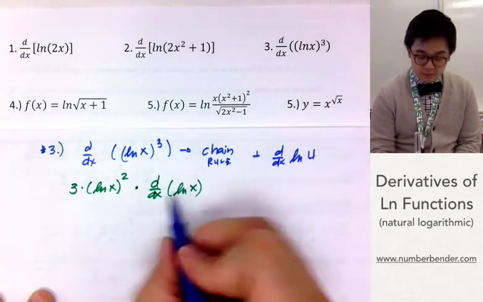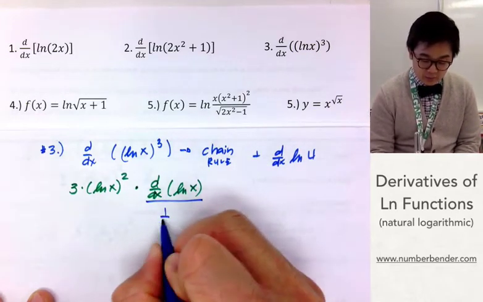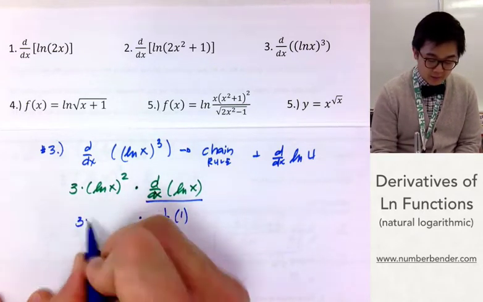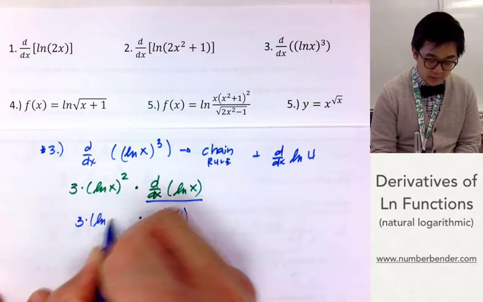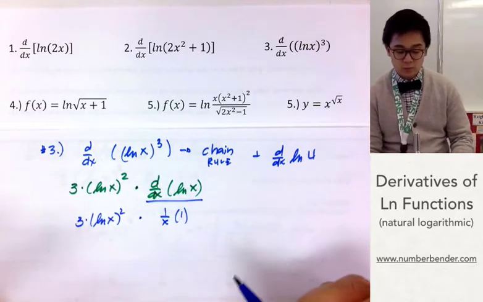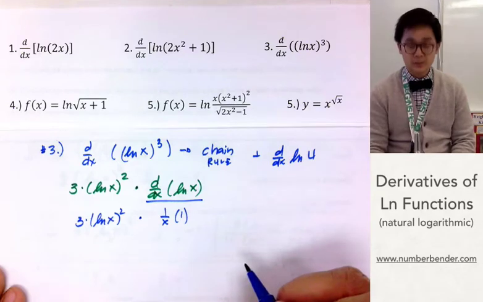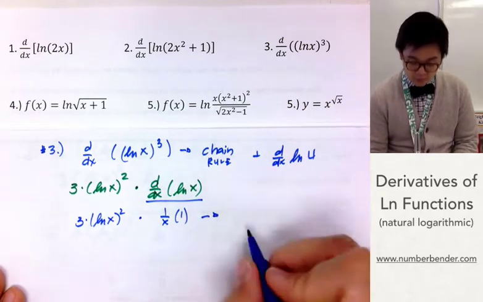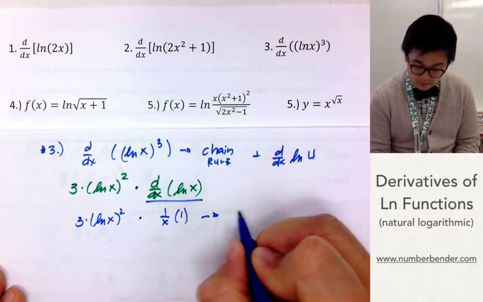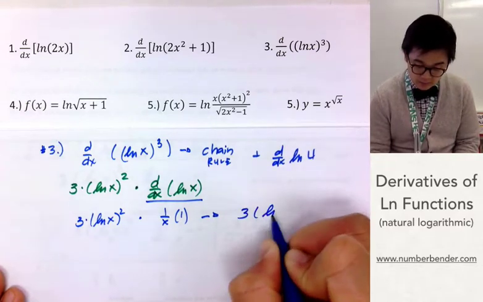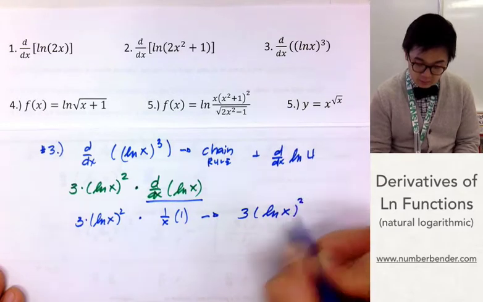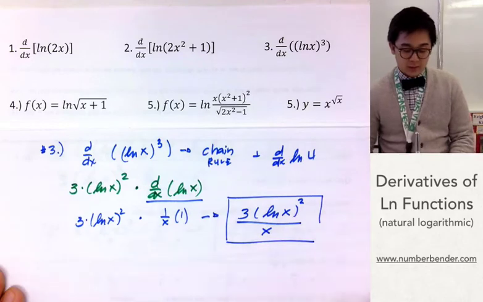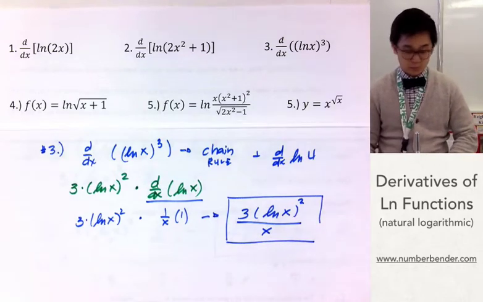So we know that the derivative of ln x is 1 over x times du dx, which is 1. We just have to multiply it by 3 ln x squared, and we're finished. We now have the derivative of the function for problem number 3, and if we simplify it further, it will simply be 3 times ln x raised to 2 divided by x. So that's problem number 3.